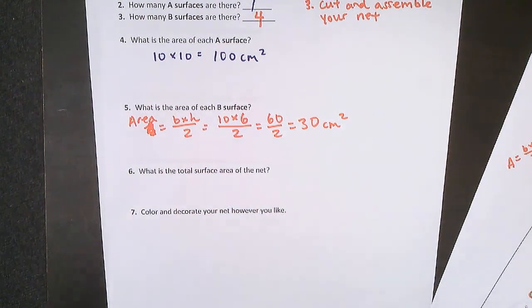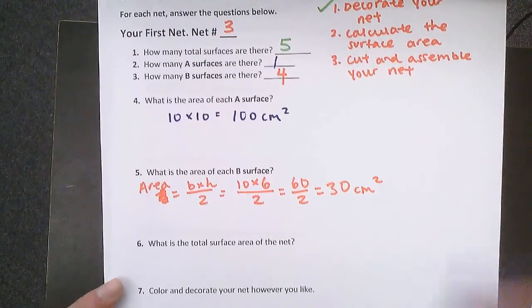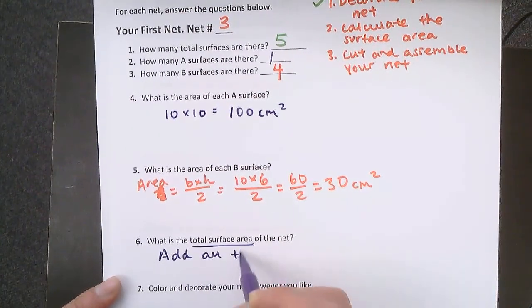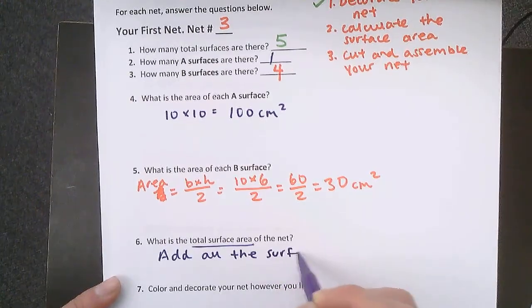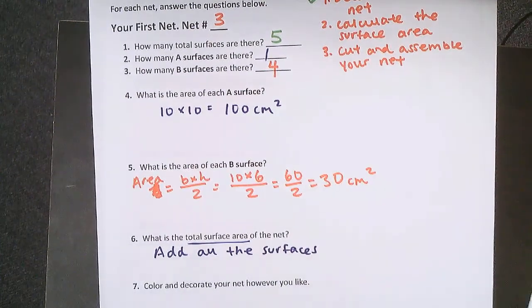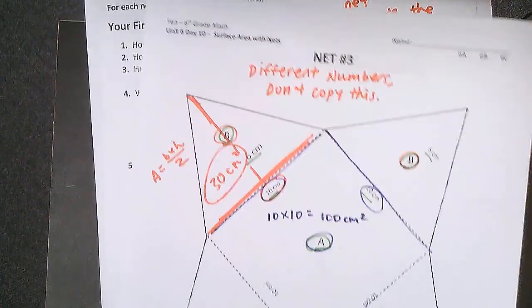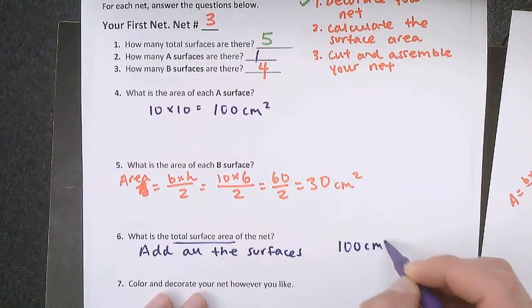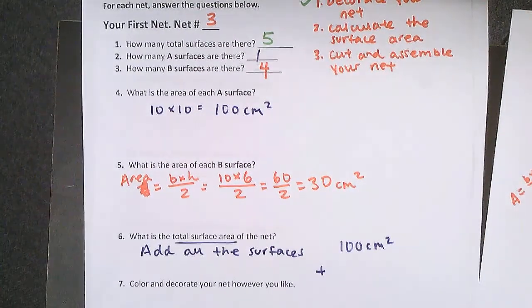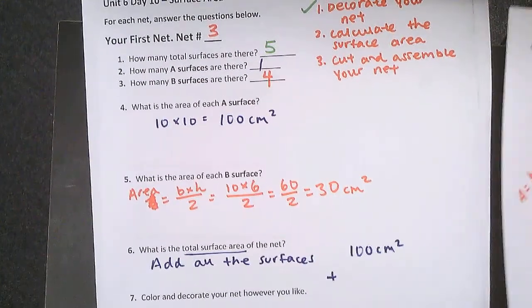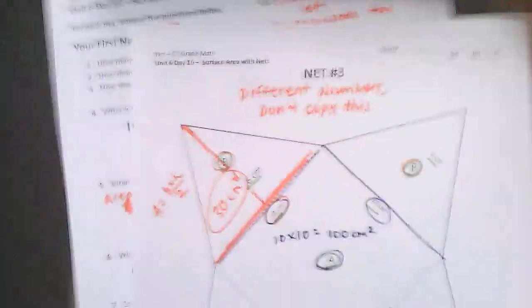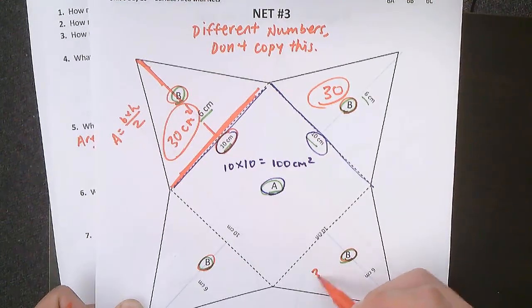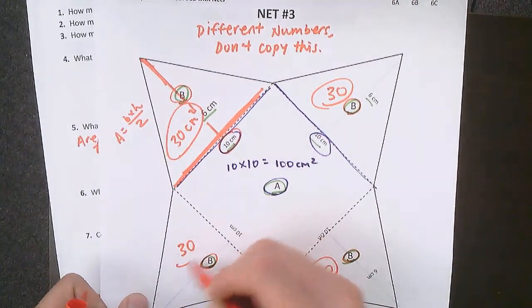I have to add up all the surfaces. Total surface area, add all the surfaces. So I have my A surface, which was 100 centimeters squared, plus all of my other surfaces. So if this is 30, then this is 30, and this is 30, and this is 30.